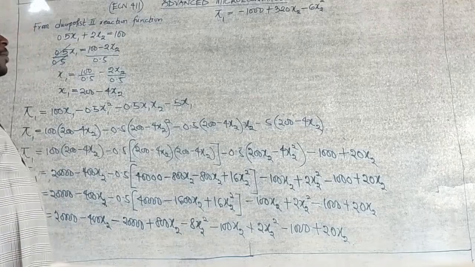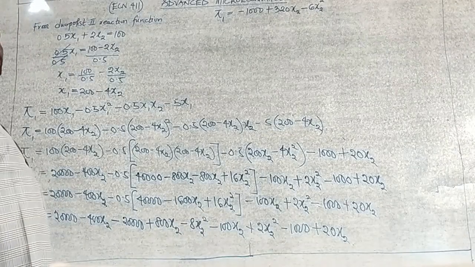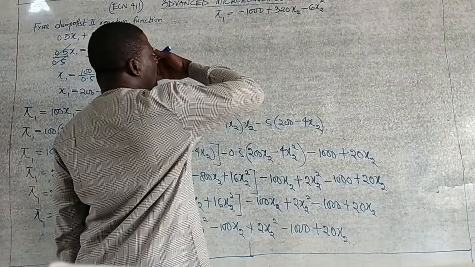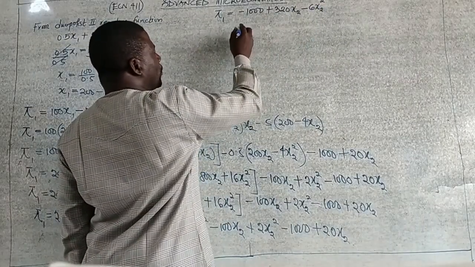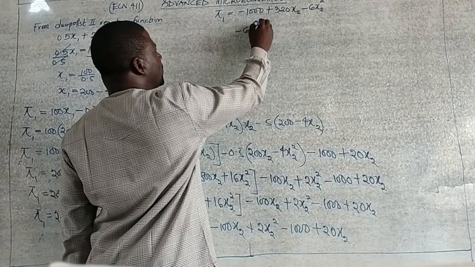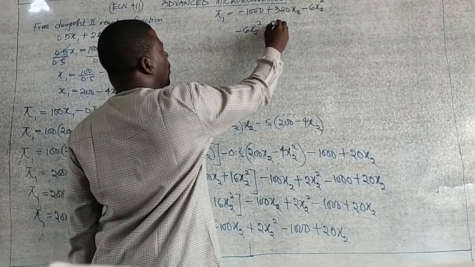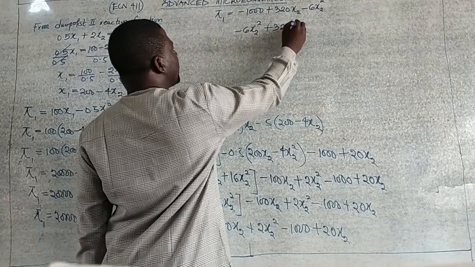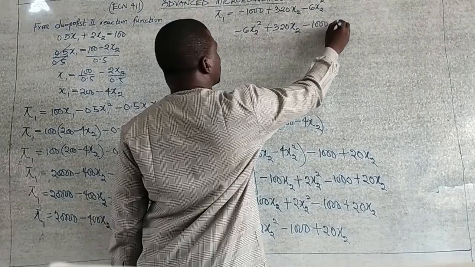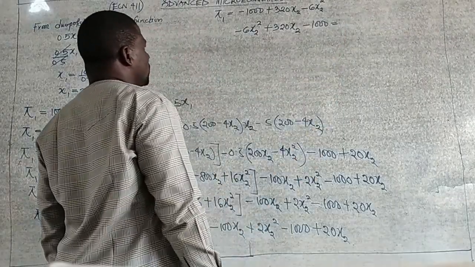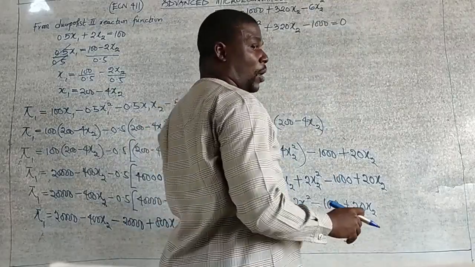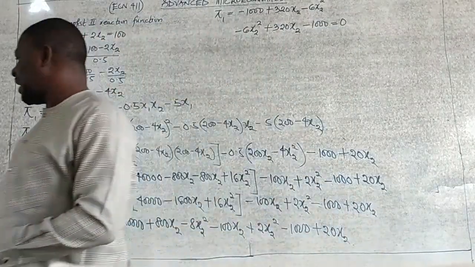So here now, what we have is a quadratic equation. So equate this to 0. You can say you have minus 6x2 squared plus 320x2 minus 1,000 equals 0. Or we are not using that.